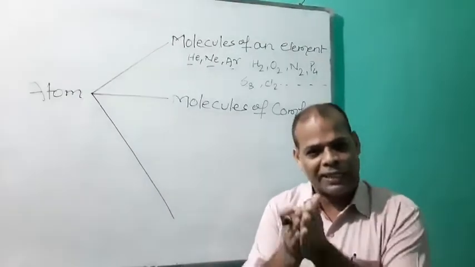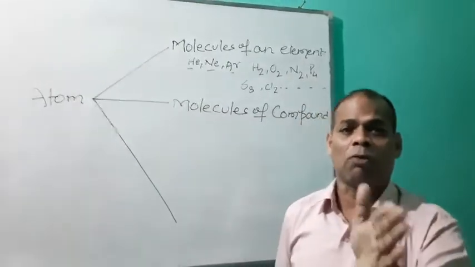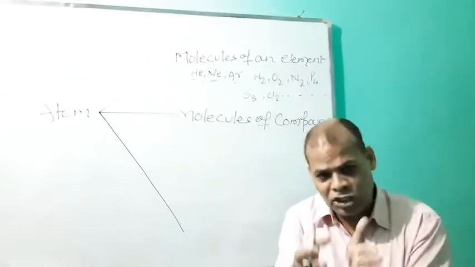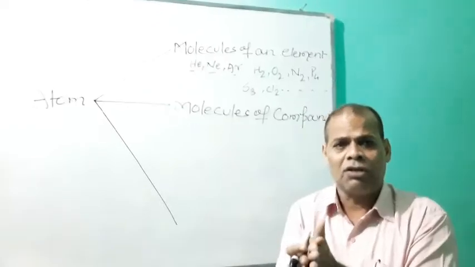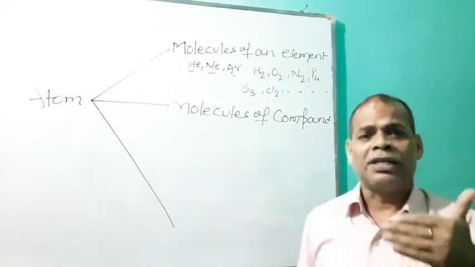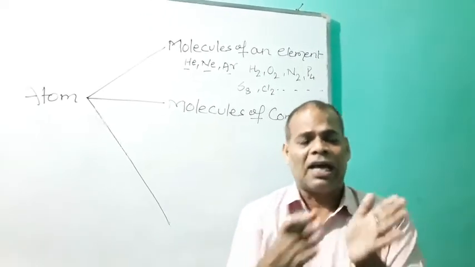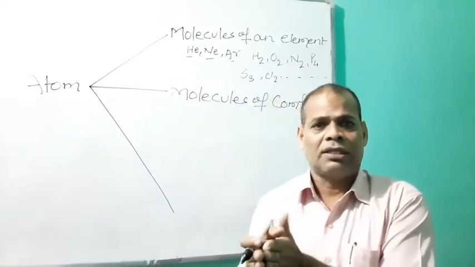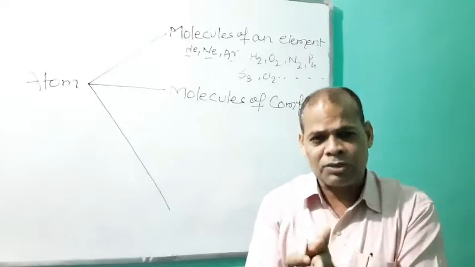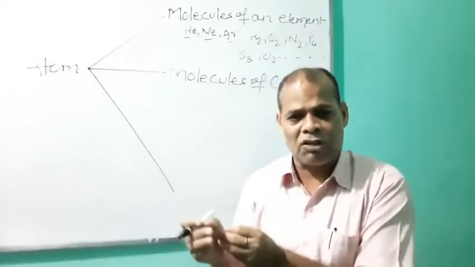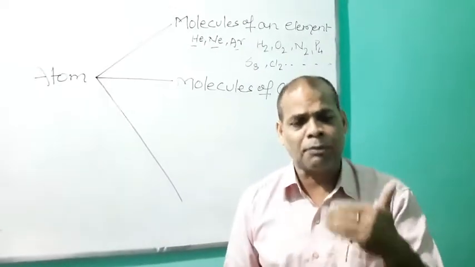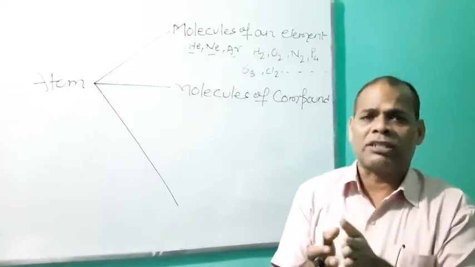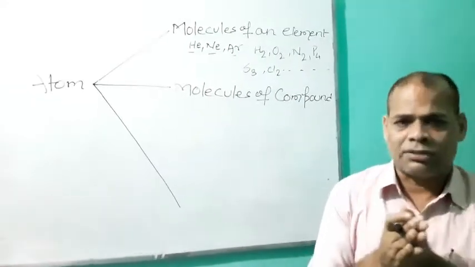Similarly, oxygen exists in nature in the form of a molecule. So a molecule is the smallest particle of a substance which is capable of independent existence and shows all the properties of that substance.